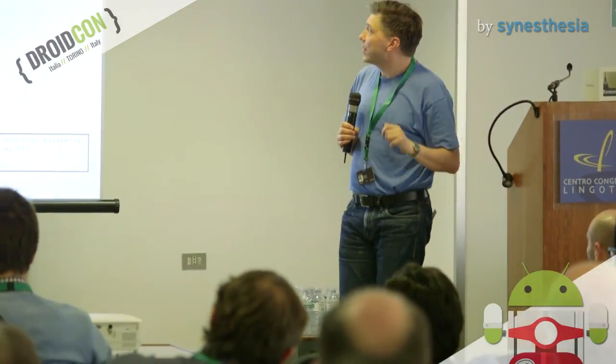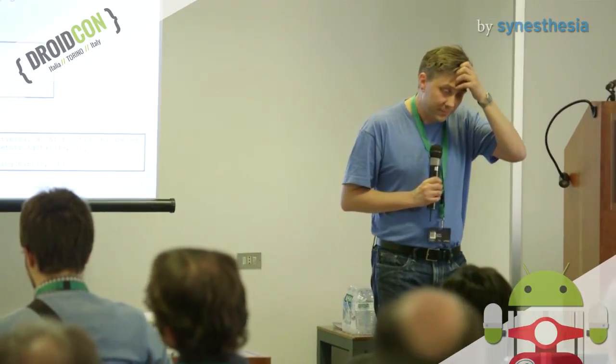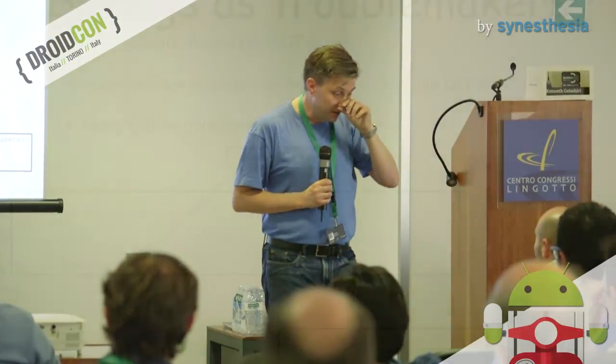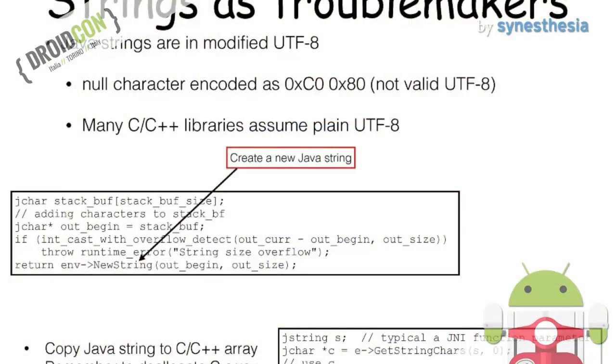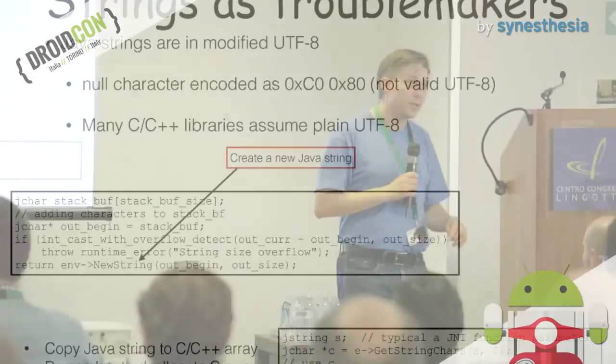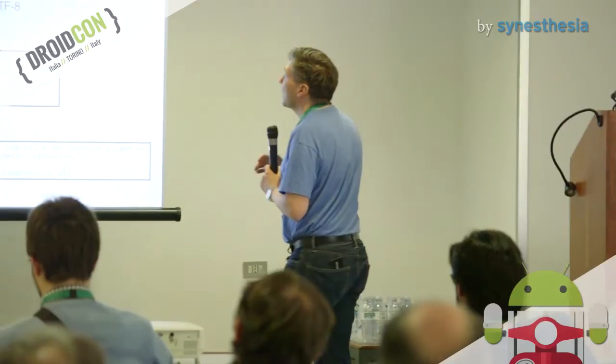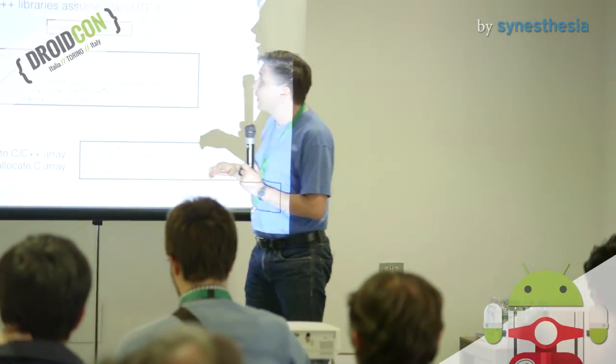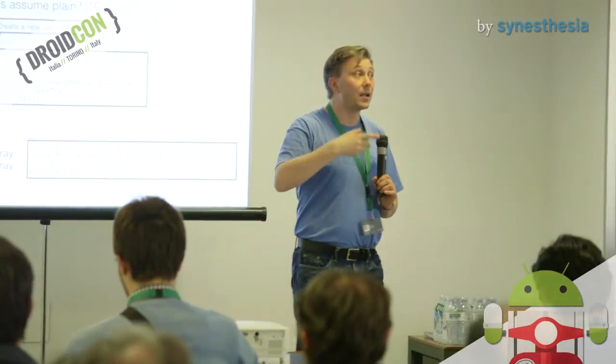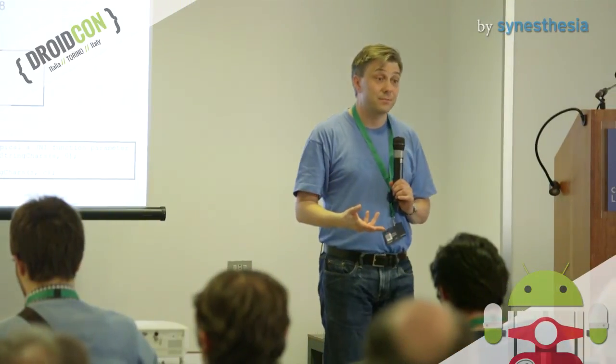Another thing is that strings are troublemakers in Java and of course, in Android. The problem is that Java strings are modified UTF-8 strings. You can also have UTF-16 strings, which are perfectly fine. But often you have modified UTF-8. And the problem is that a lot of C and C++ libraries assume standard, plain UTF-8 strings.